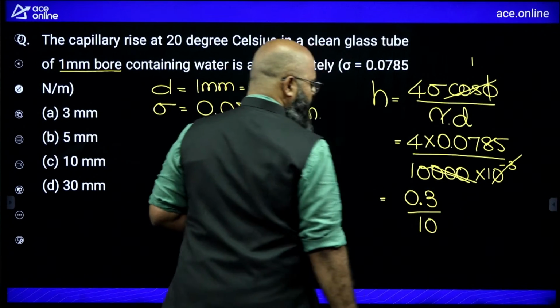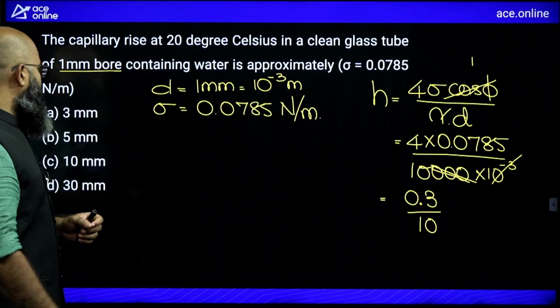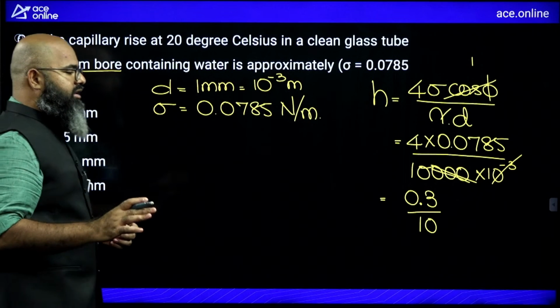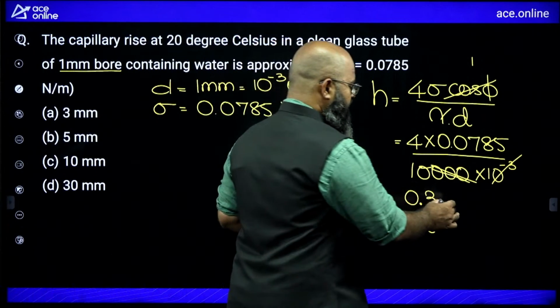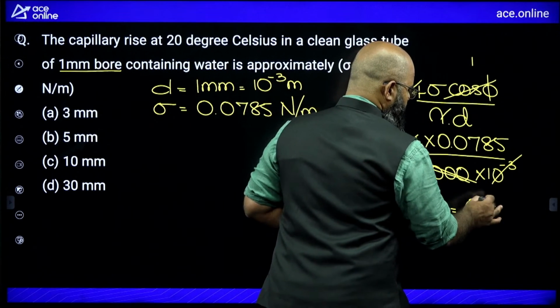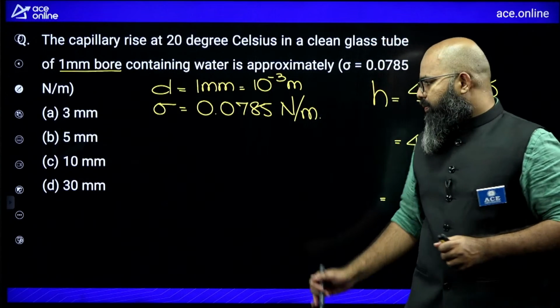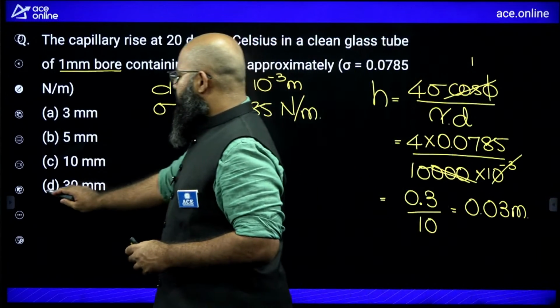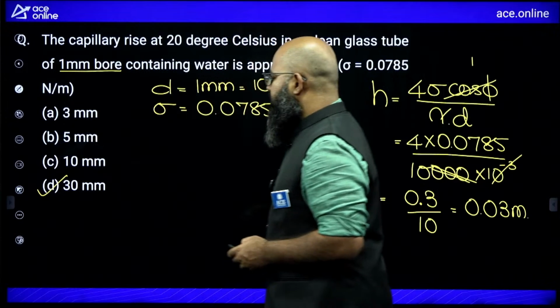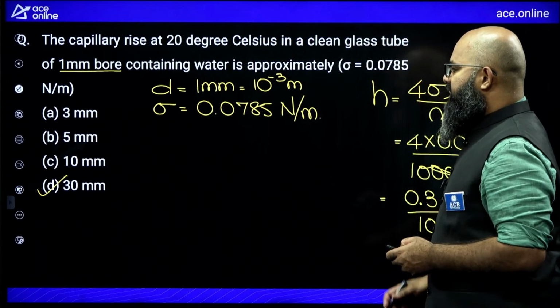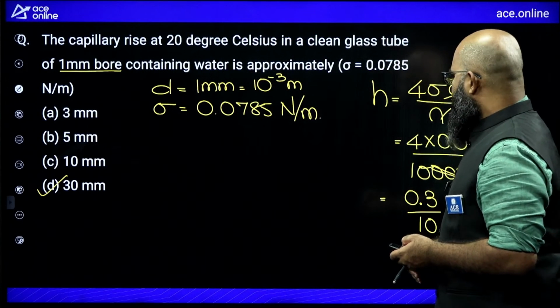Divided by 10 you are having over here. So this will become equal to approximately, nearly you can say, 0.03 meter. So 0.03 meter is equal to how many mm? It is equal to 30 mm. The answer is going to be option D, 30 mm. Let us move further.